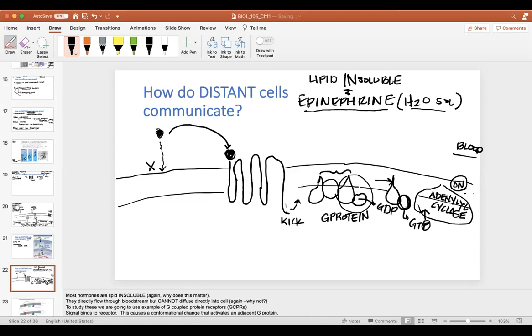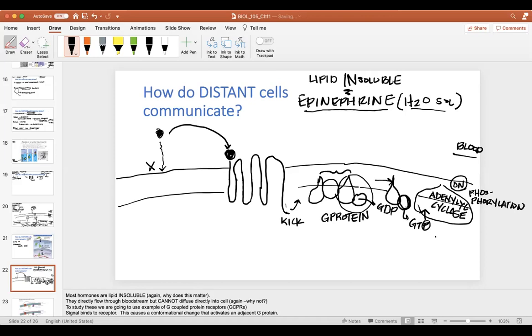That process of turning proteins on using a phosphate group, I told you guys before that that has a name, and it's called phosphorylation. It's one word. So we've turned adenylyl cyclase on. Now it's actually going to perform an enzymatic reaction.